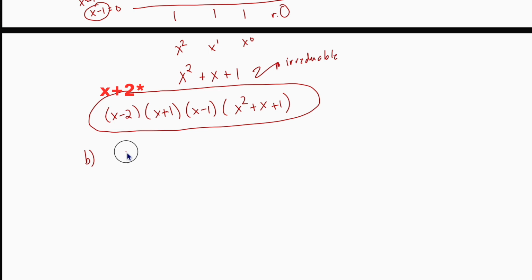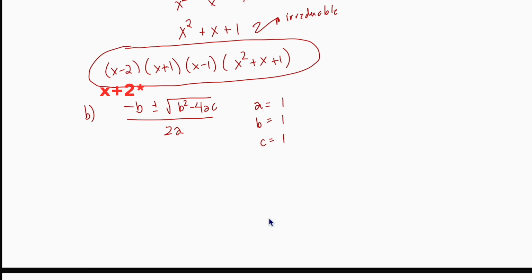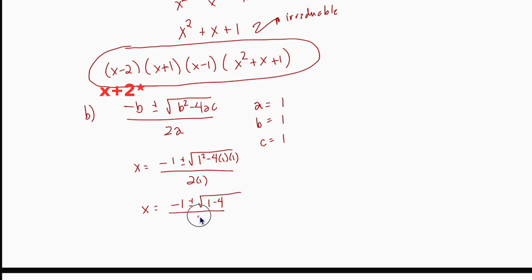Okay? By the quadratic formula, ano ba yung quadratic formula? We have negative b plus or minus the square root of b squared minus 4ac over 2a. Ano ang a natin? 1. Ano ang b natin? 1. Ano ang c natin? 1. So, by the quadratic formula, x now equals negative 1 plus or minus the square root of 1 squared minus 4 times 1 times 1 over 2 times 1. Or we now have negative 1 plus or minus the square root of 1 minus 4 over 2.